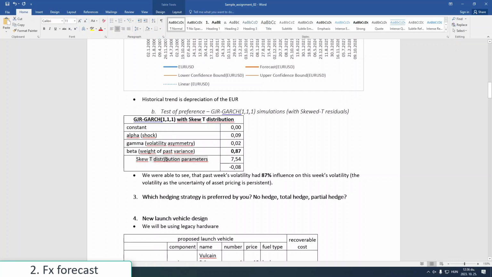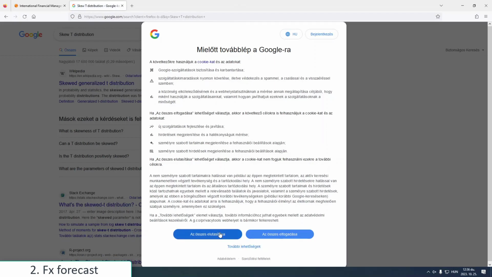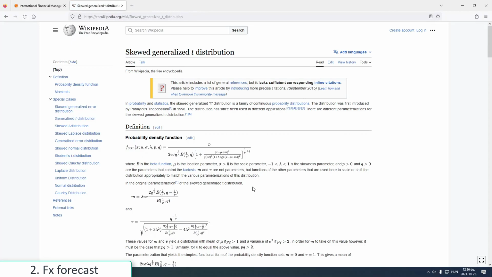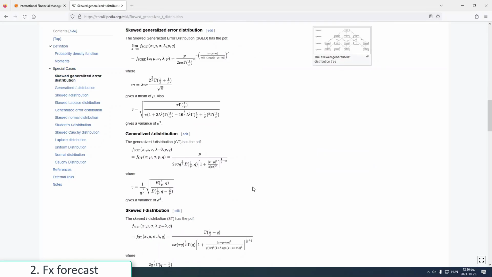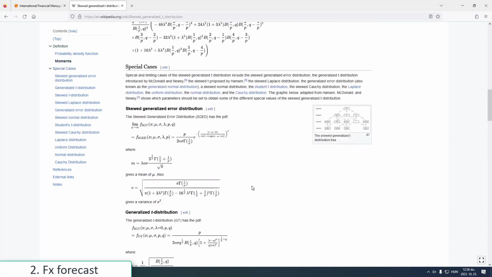So let's see that skewed distribution. In Wikipedia we should have something about this. Yeah. Okay, general skewed distribution, and maybe not this side.